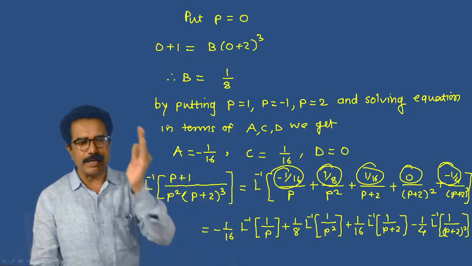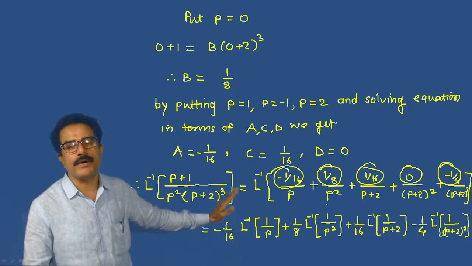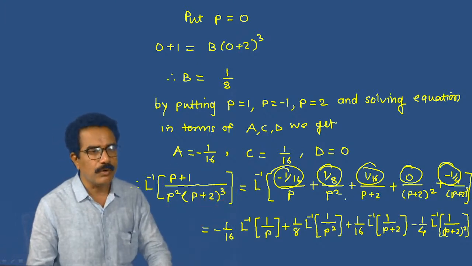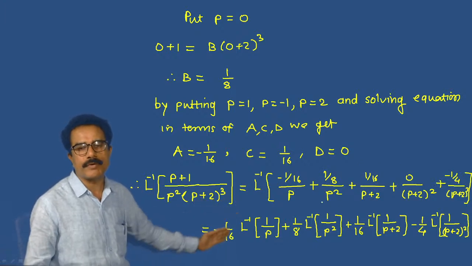By putting these values, we can write the complicated function in the addition-subtraction form of simple functions. Okay. Now our aim is to solve the inverse Laplace transform on the right side.